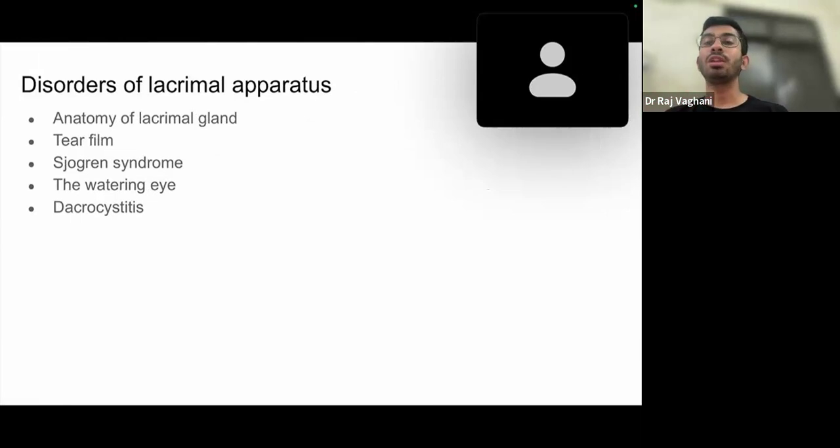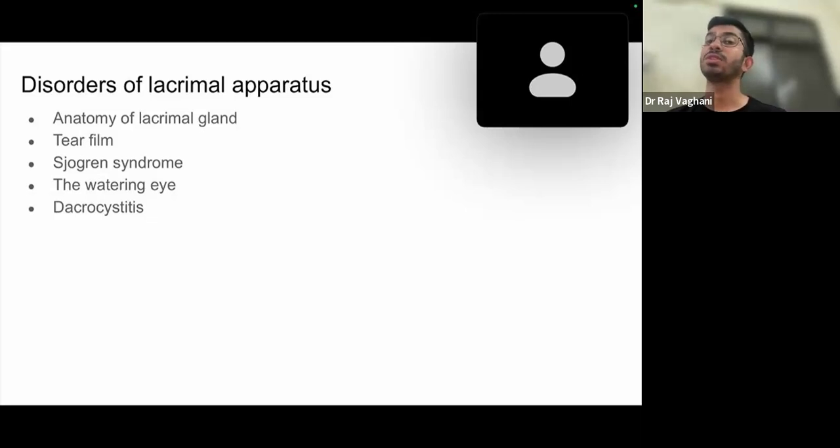Now we'll discuss the disorders of lacrimal apparatus, like the anatomy of lacrimal glands: where it is situated, what its functions are, what it constitutes. What is tear film? How is the tear film formed? What about Sjogren syndrome?